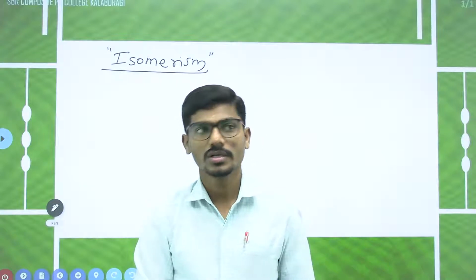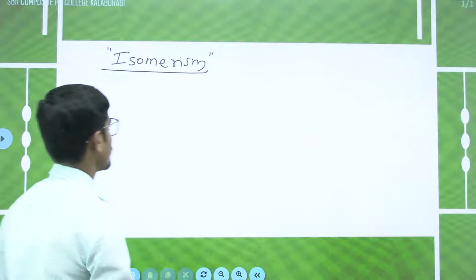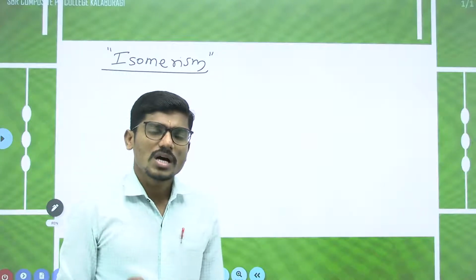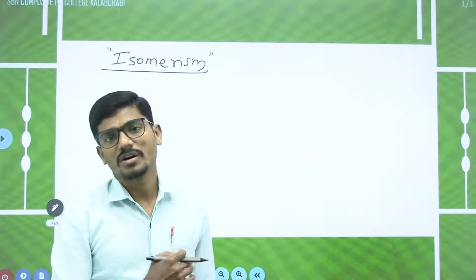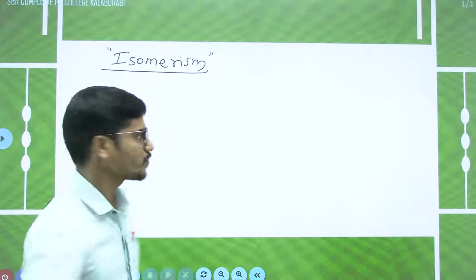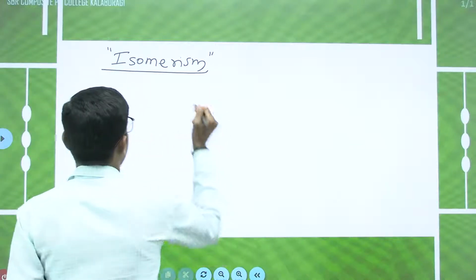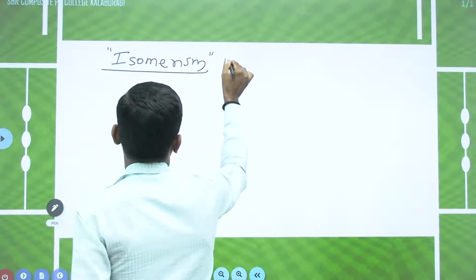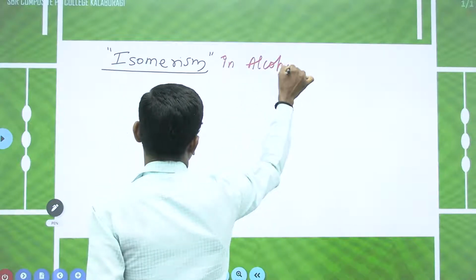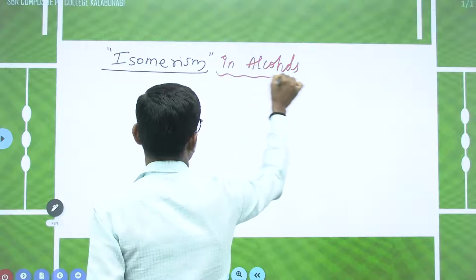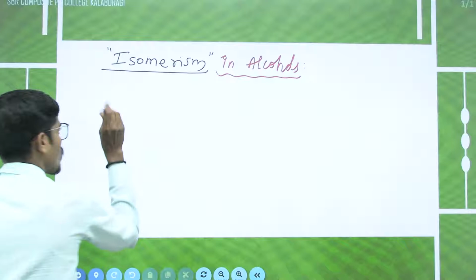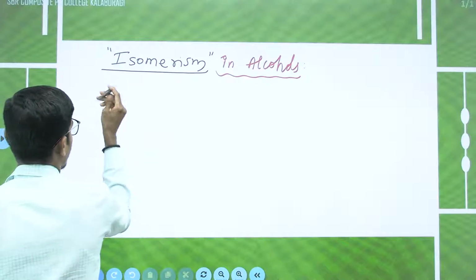So here, alcohols also exhibit some types of isomerism. Those concepts we are going to deal with in this topic: isomerism in alcohols. These alcohols also exhibit some types of isomerism.